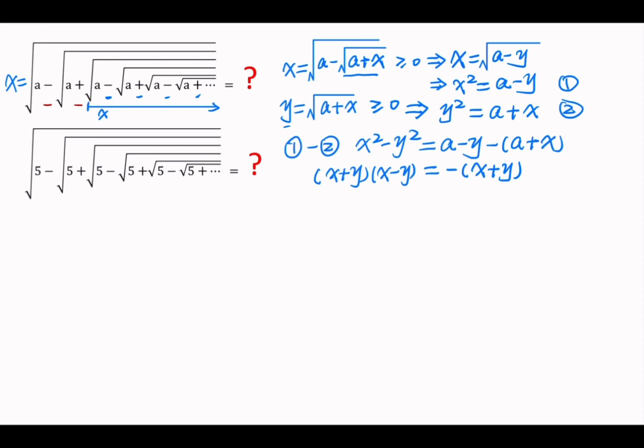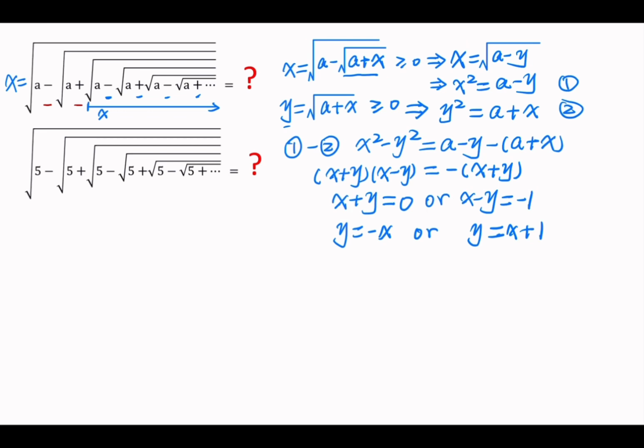So for this equation, the two solutions are either x plus y equals 0 or x minus y equals negative 1. So y equals negative x or y equals x plus 1.